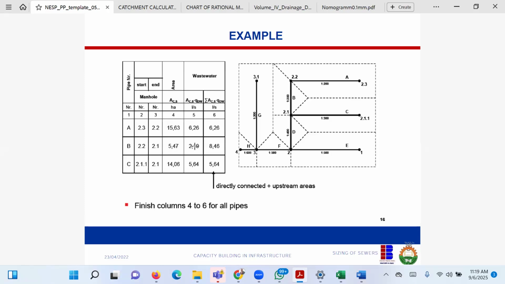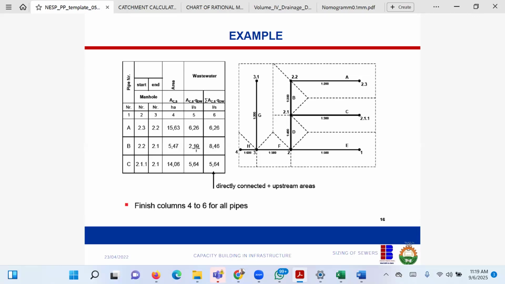It will give me 2.19. However, catchment B is the value of catchment A plus its own. If you multiply 5.47 by 0.4, which is our unit wastewater flow, it will give you 2.19.